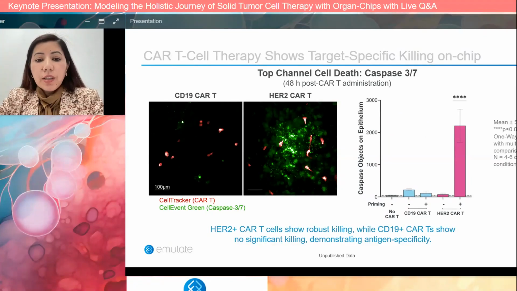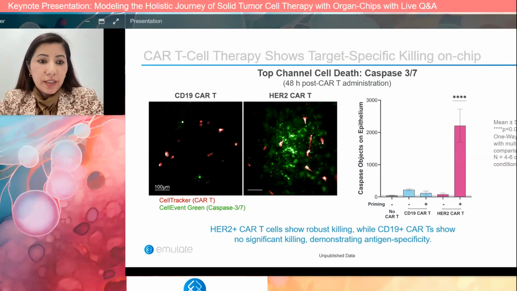So now let's look at the killing, which provides the efficacy or efficiency of the CAR T. What you can appreciate here is that these CAR T cells are labeled with the cell tracker dye, and the red signal represents the CAR Ts that are on the top channel. You can see that both HER2 CAR T and CD19 CAR Ts do migrate to the top channel.